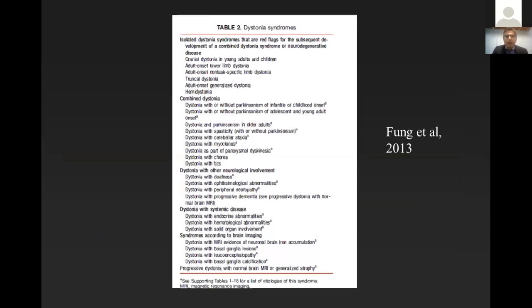So that leads us to patterns. So here we have got a table, which I don't know whether you can see very well, but it divides the patients into isolated and combined dystonias. But even within isolated dystonia, there are red flags for the subsequent development of combined dystonia or a neurodegenerative disease. So for example, if you get cranial dystonia in a young adult or a child, that's not right, because we know that the craniocervical dystonia comes later in life, comes in adults, or the other way around.